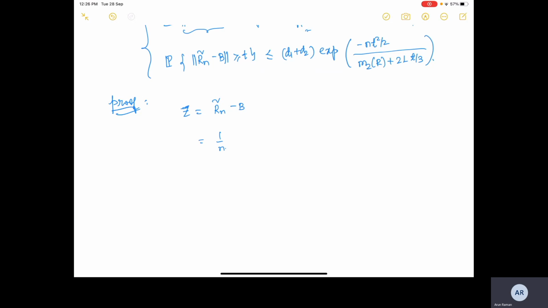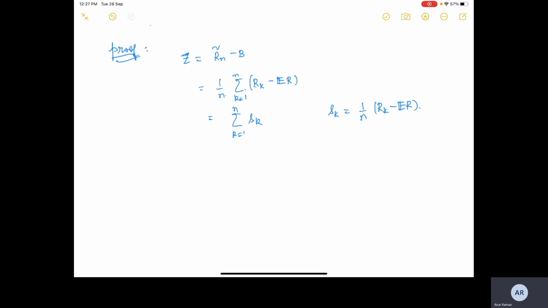Then the 1 over n will go away. We will have the summation k equal to 1 to n of Sk, where Sk is 1 by n times (Rk minus expected value of R). Okay, so this is how we define it.